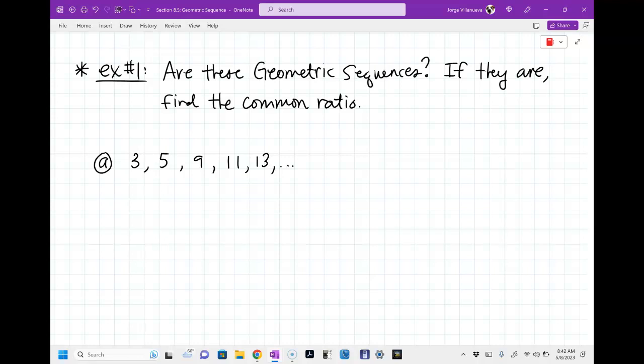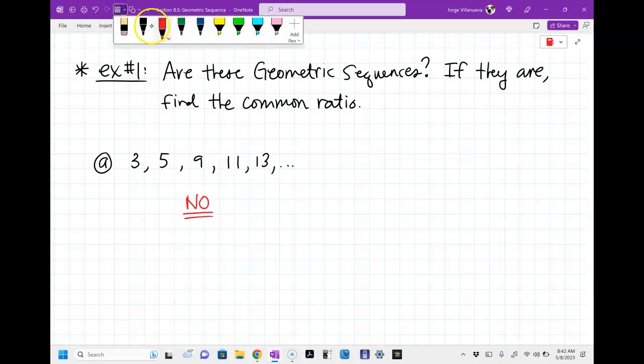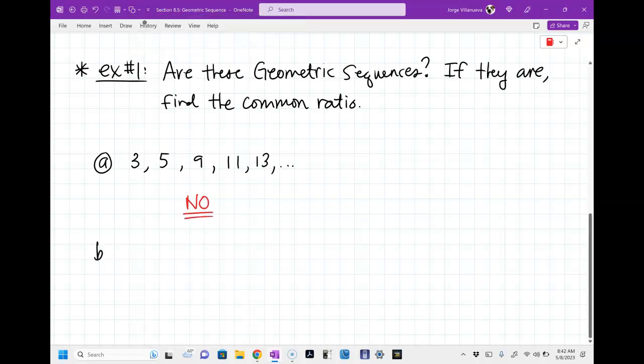I can add 2 to get 5 and then add 4 to get 9 and then add 2 to get 11 and 2 to get 13. It's not even an arithmetic sequence, okay? This doesn't have a pattern of multiplying every number by 2 or anything like that. So this one right here, you're just going to write no. That's all. So that one is not a geometric sequence. Okay? What about this one?